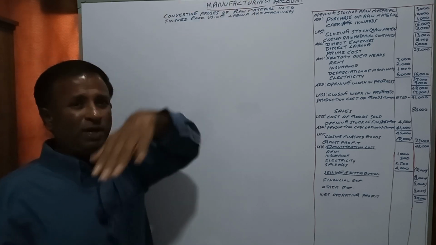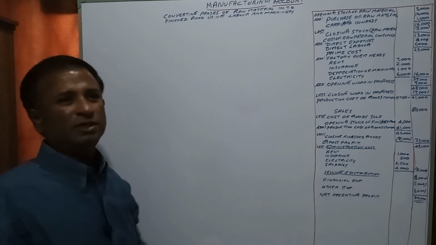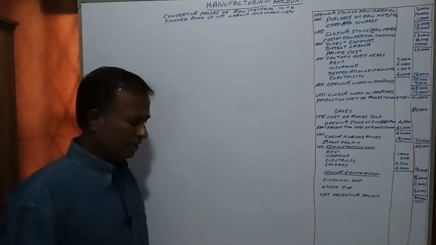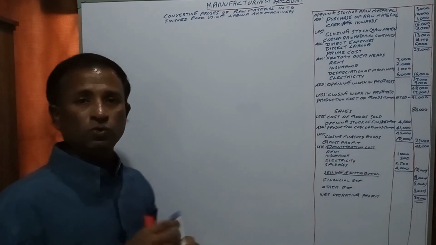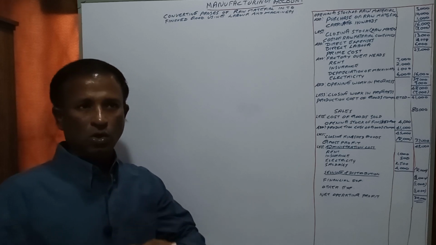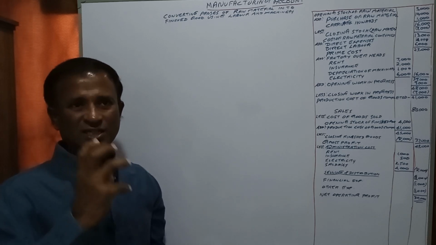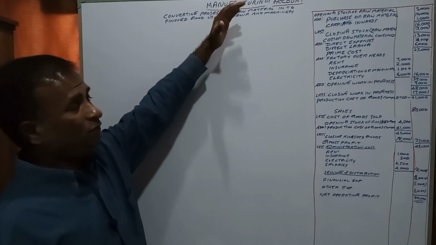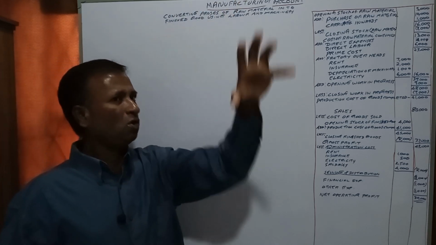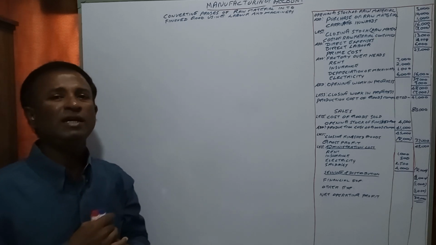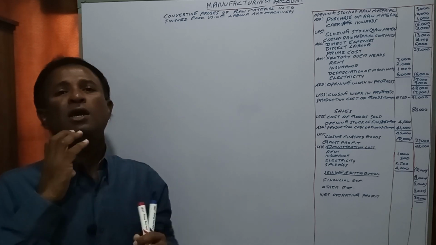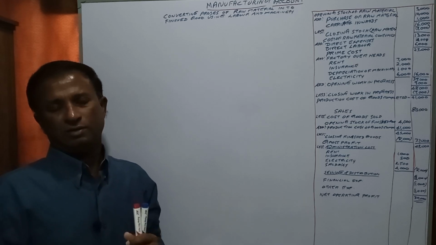Whereas if you compare the trader, the person who is involved in the trading activity, what will he do? This manufacturer will purchase only the raw material with the intention of converting that raw material into the final product, right?